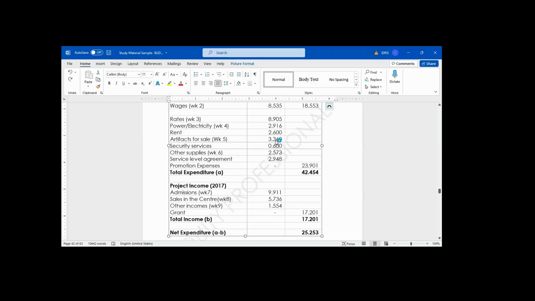After artifact for sales, which one is the next expenditure in the budget? Security services. What is the note on security services?